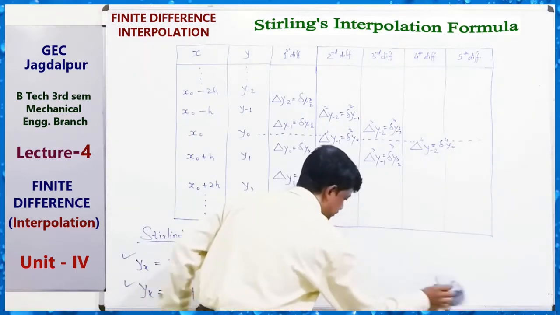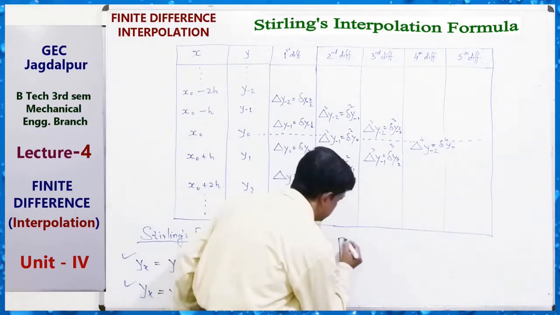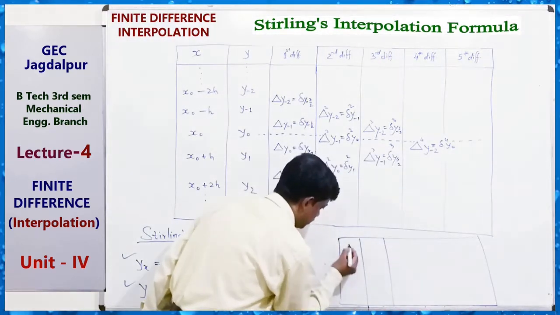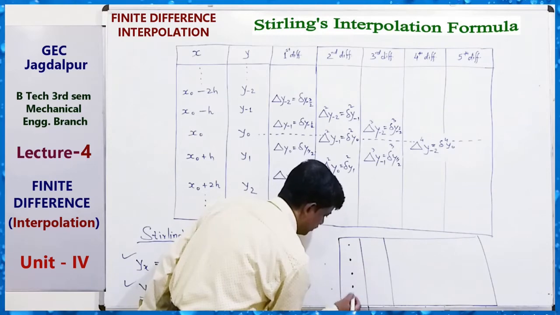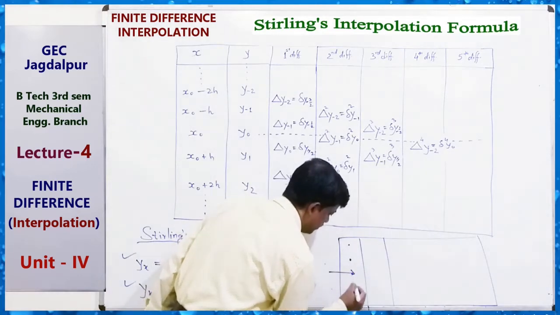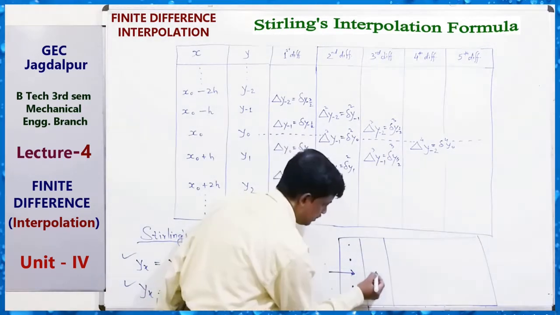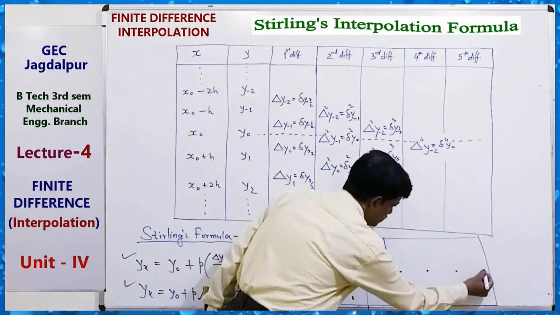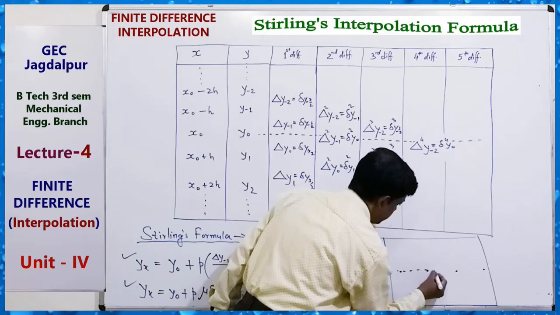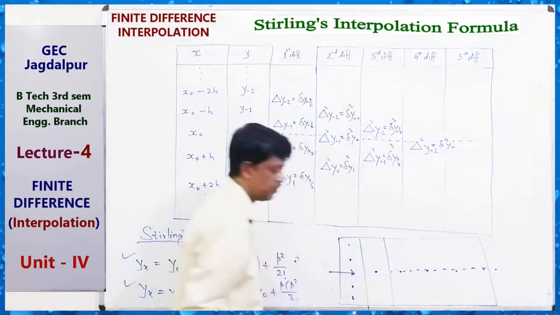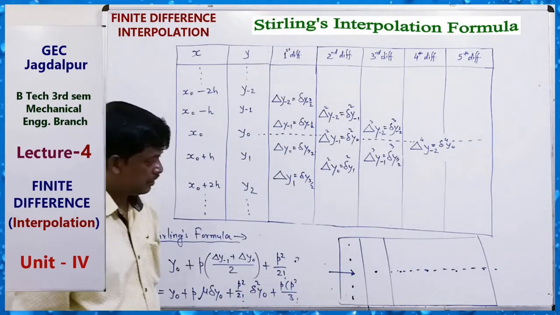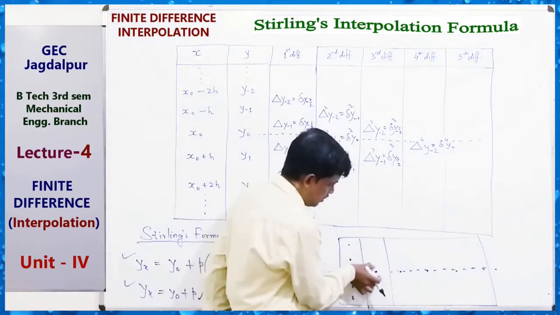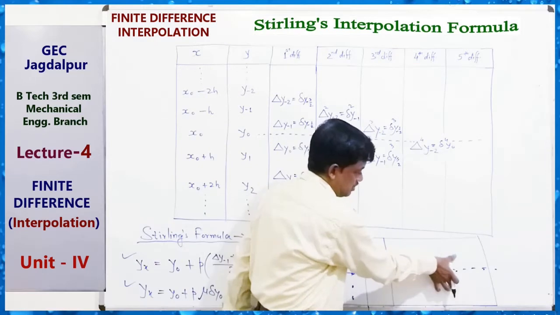See here. Suppose our table is like this. This is the central line. This is the value. Then the central line value is this. For the Stirling formula, this value, then average, this value, average, like this.